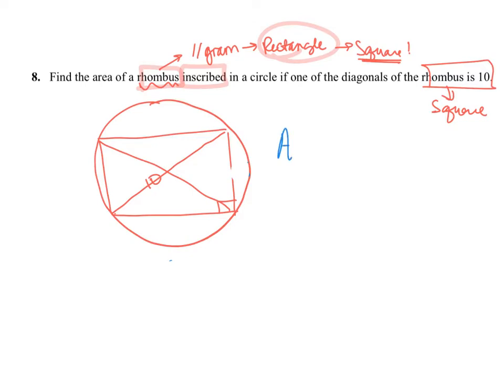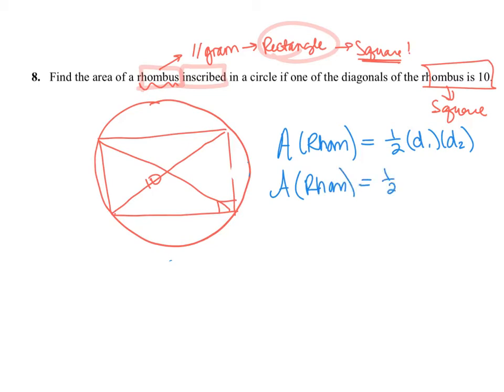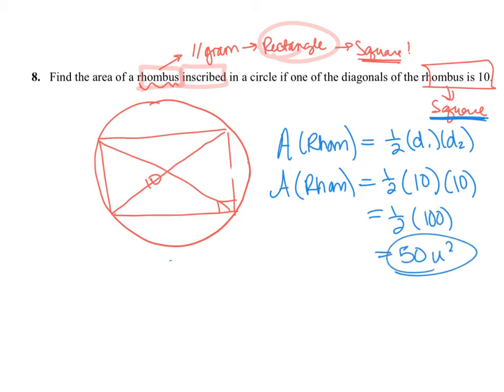Area of a rhombus is one half diagonal 1 times diagonal 2. I believe that was on the formula sheet. So this is a little shorter. The area of the rhombus is 1/2. We know one of the diagonals is 10, and because this was a square, the other diagonal is also 10. So we have 1/2 of 100, which also gives us 50 units squared.